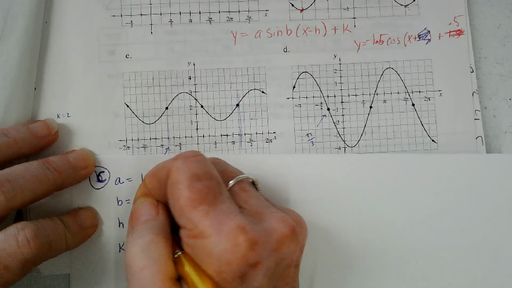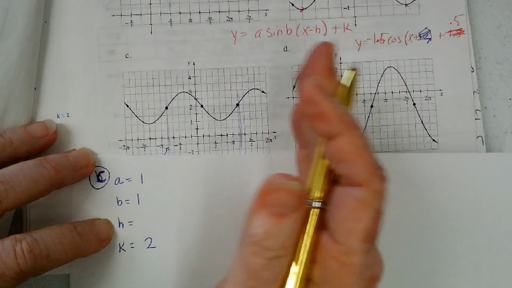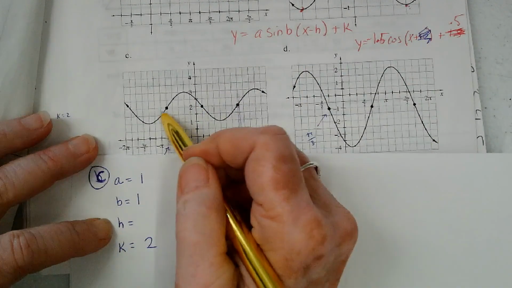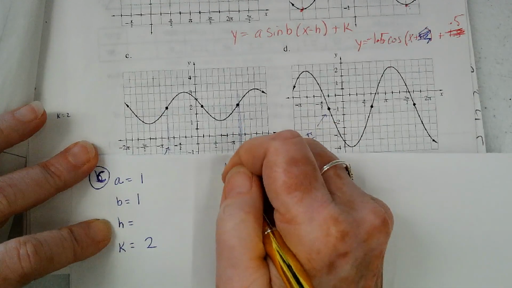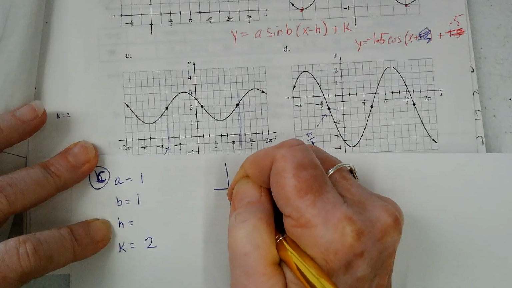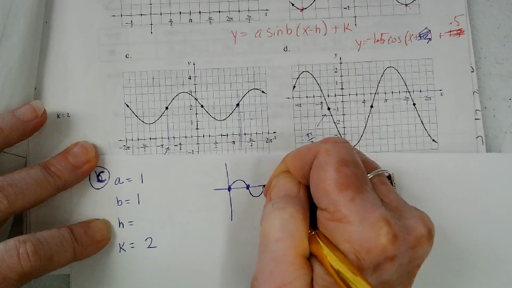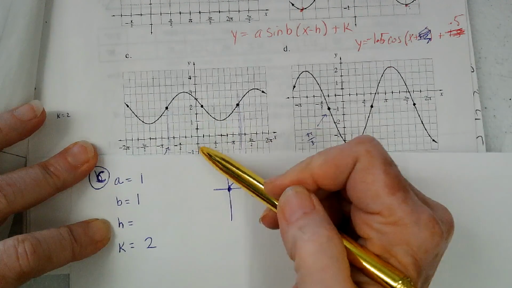Now H is if there's a horizontal shift. And if that's my locator point, because sine graphs go like this, that's my locator point. That one is my locator point on this one, and it's moved to the left.